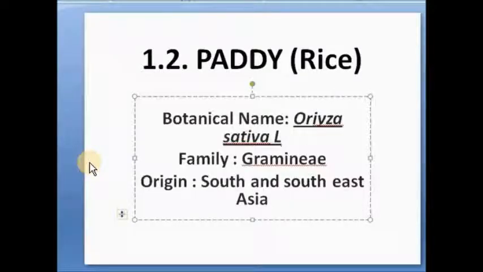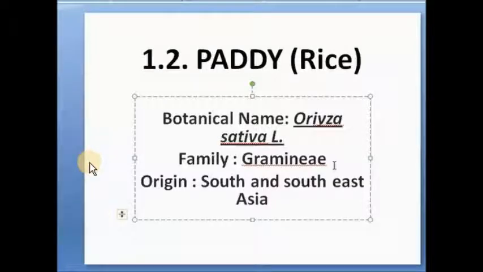L is the name of the scientist who introduced research in rice. So after every botanical name there is a particular capital letter indicating the name of the concerned scientist.